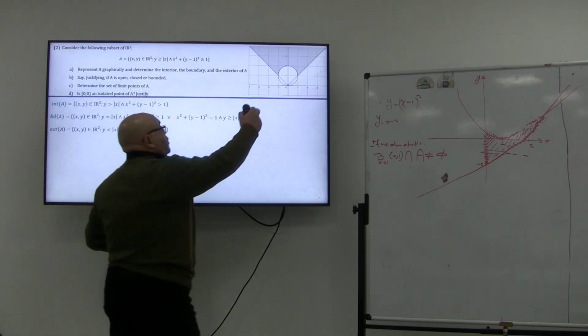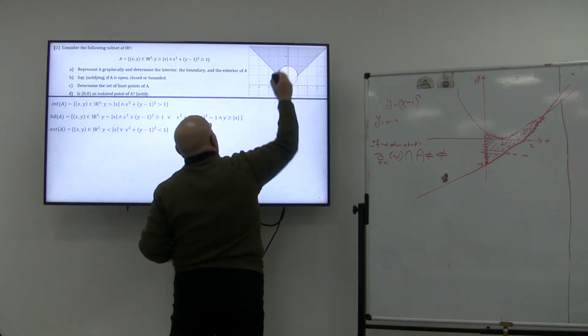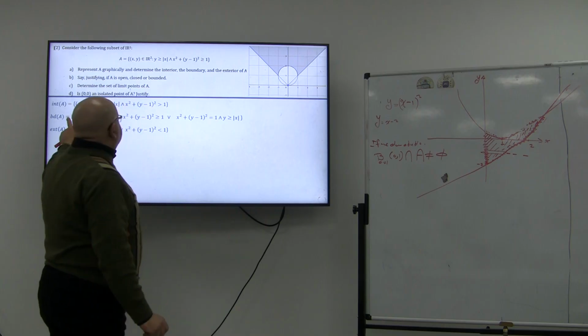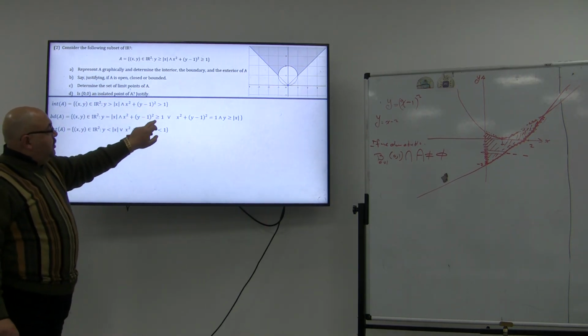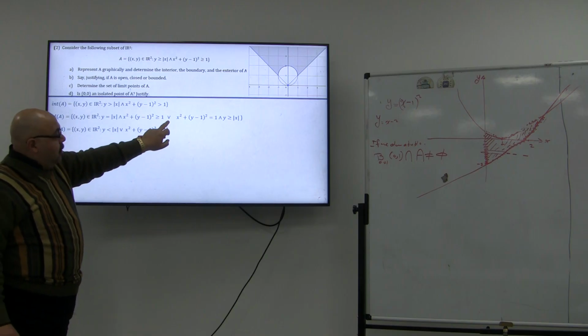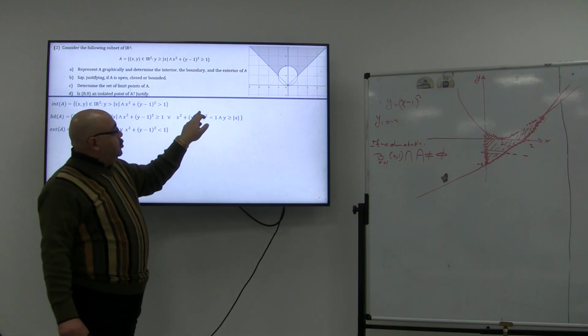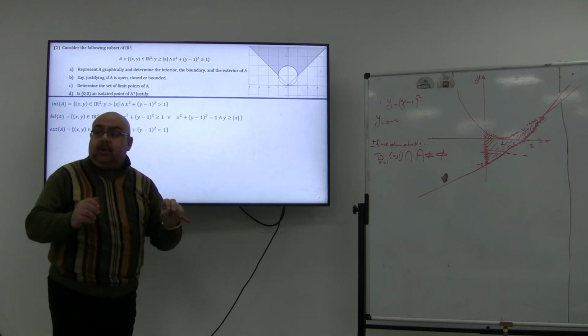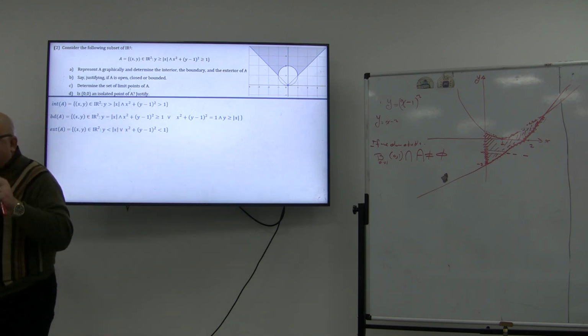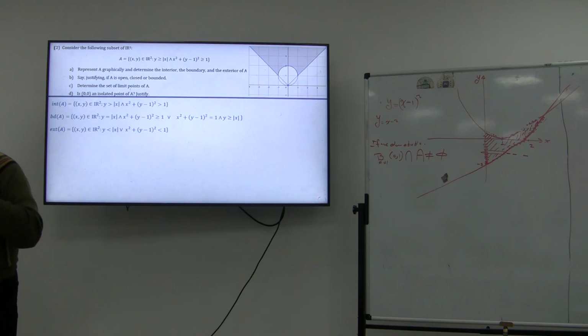I'm talking about all the points inside the region without the boundaries. The boundary is going to be y equal to absolute x and x squared plus (y minus 1) squared greater than or equal to 1, or x squared plus (y minus 1) squared equal to 1 and y greater than or equal to |x|. I'm describing exactly the boundary.